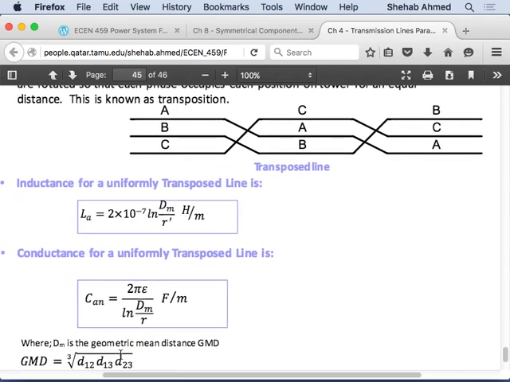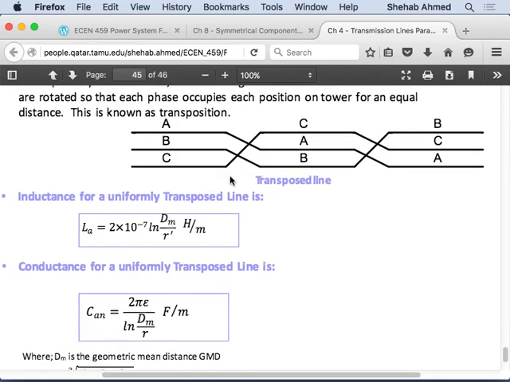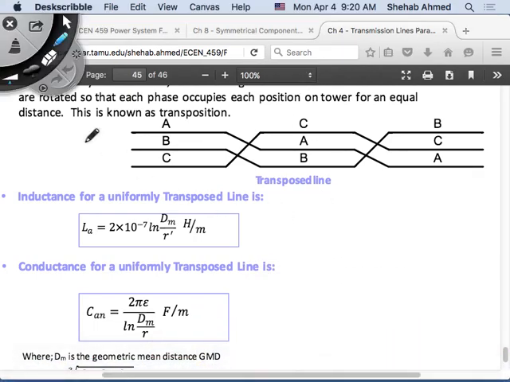And then this slide talks about transposing the lines. If the lines are properly transposed, then VAB is equal to VBC shifted by 120 degrees, is equal to VCA. All the three line voltages are equal, which means all the three phase voltages are equal in magnitude, but they are shifted by 120 degrees apart. That is only when the lines are fully transposed, right? Because in the triangular configuration I gave you, the distances were equal, and the derivation for the capacitance was assuming that these distances are equal.